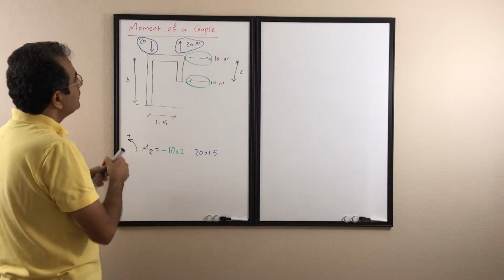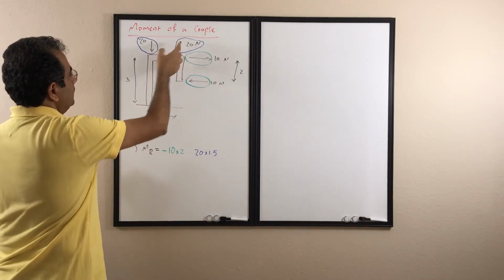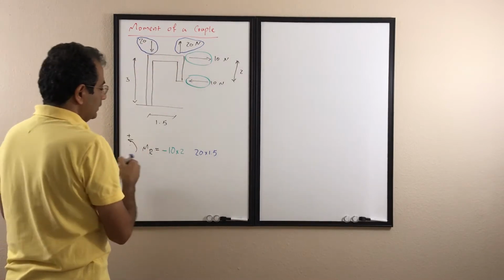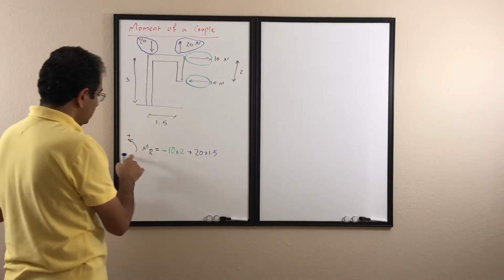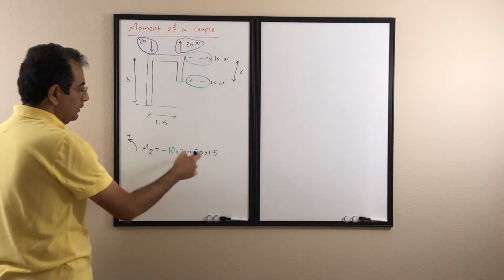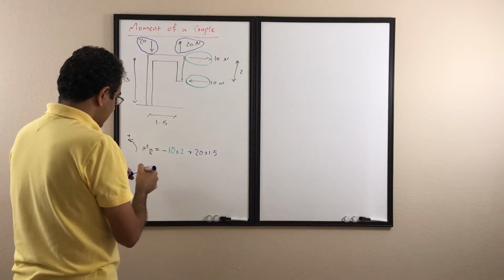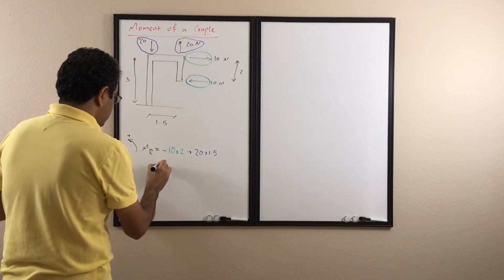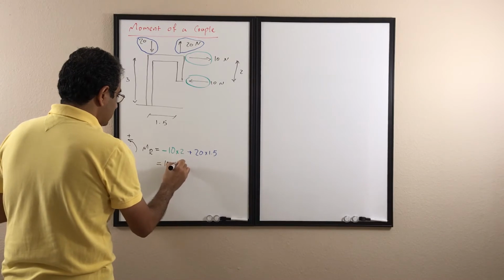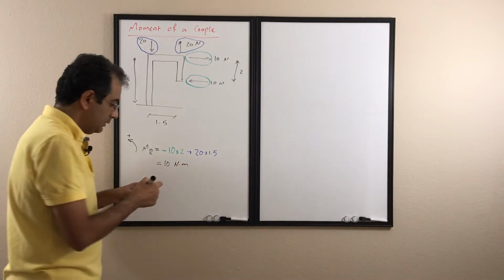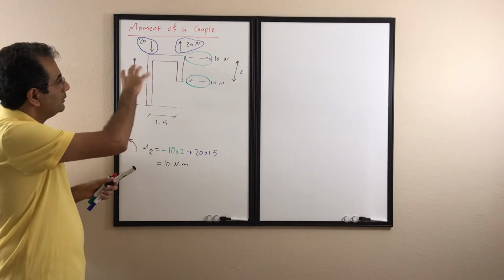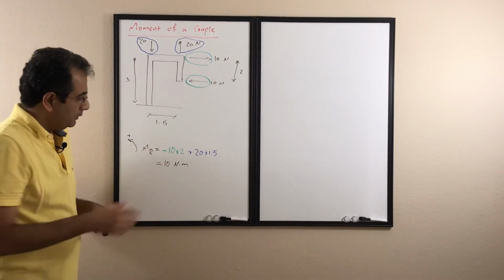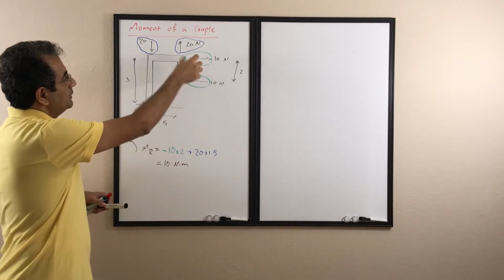If I draw a circle between these two, they rotate it counterclockwise, so it's going to be positive. If we calculate this, it gives us 10 Newton meter, and because it's positive, it's going to rotate this object counterclockwise. That's the first method, because we have the normal distance between the forces.